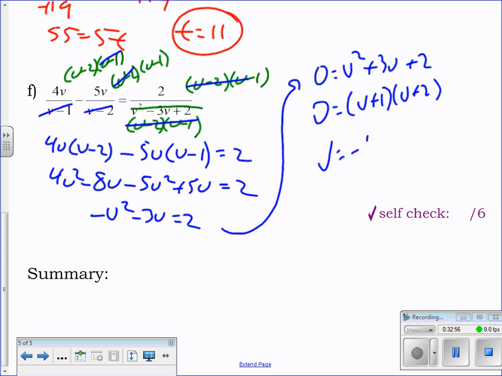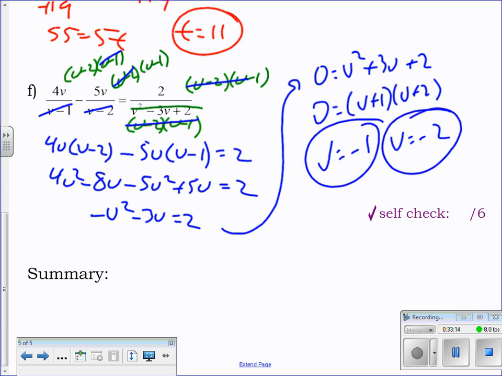So v equals negative 1, v equals negative 2. Can v be negative 1? Yeah. It can't be positive 1, but it can be negative 1. Can v be negative 2? Yeah. Can't be positive 2, but it can be negative 2. So both of these are bueno. Questions? Okay.